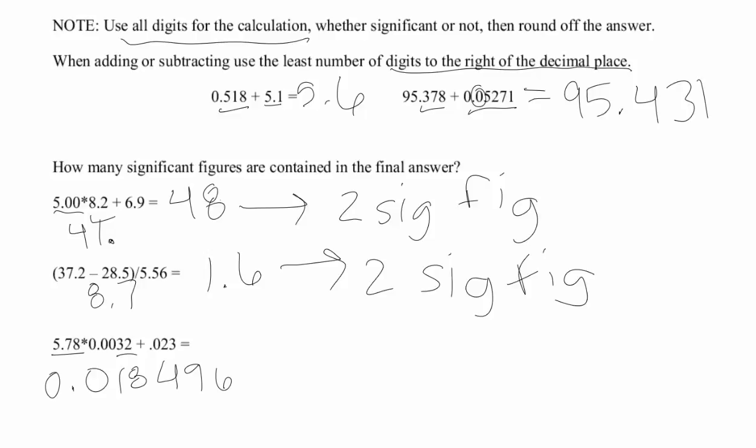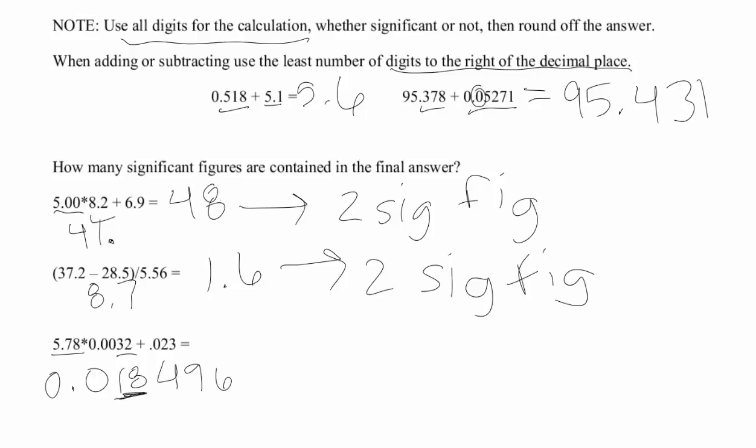I'm writing this all out because remember that our note up here states that use all digits for the calculation, whether they're significant or not. So I'm just going to make a note that whenever we multiply these two numbers, we want it to have 2 significant figures, which would be here, because these 2 zeros in front are not significant. So now we're going to take a number and add it to another number, and when we're adding, we want to use the least number of digits to the right of the decimal place.